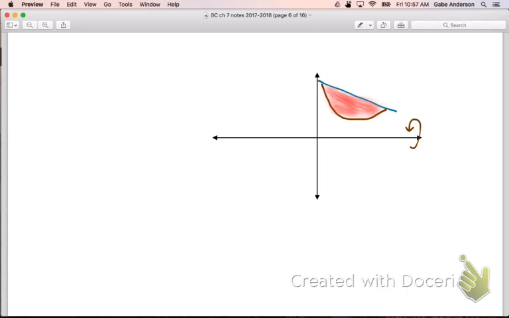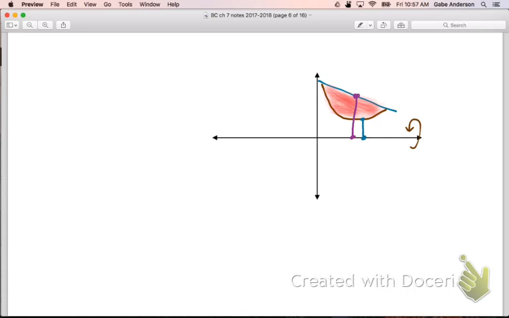So in any case, here's what the r's would look like. The capital R is the distance from the axis of rotation to the further away function. That would be this distance right here. And then the little r would be the distance from the axis of rotation to the closer function. So that would be this right here.